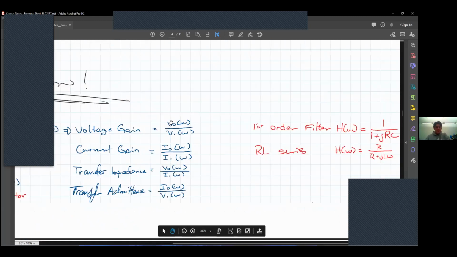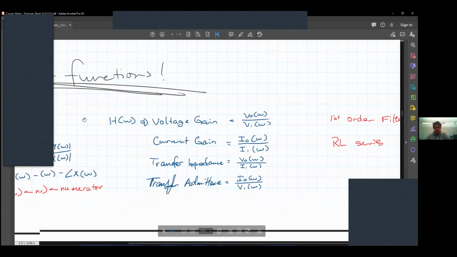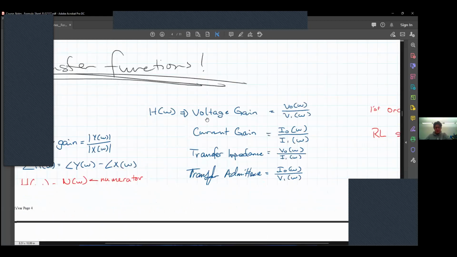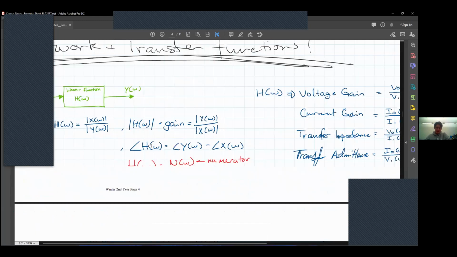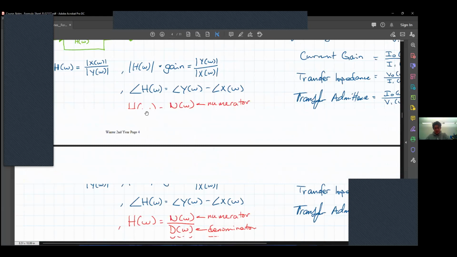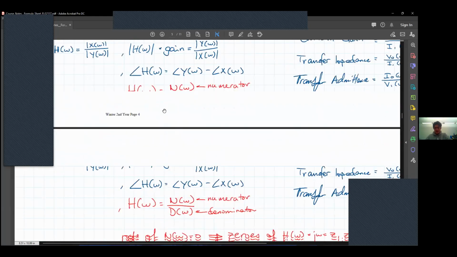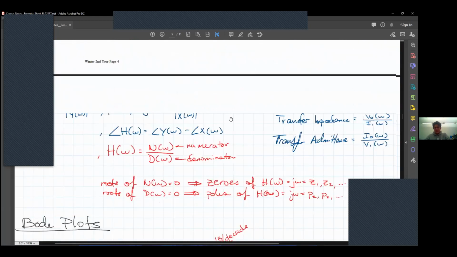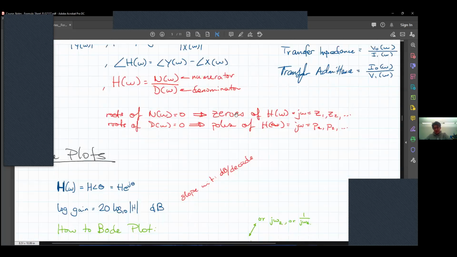So they do have a gain, which is what we call this value. The division of them, it's actually the inverse. And they have a shift, which is simply the subtraction of the shift of the output and the input. So the transfer function usually has a numerator and a denominator, and based off the amount of roots each of them have, you have zeros or poles to them.